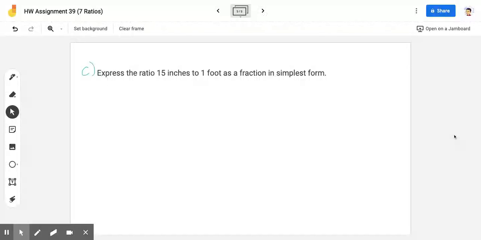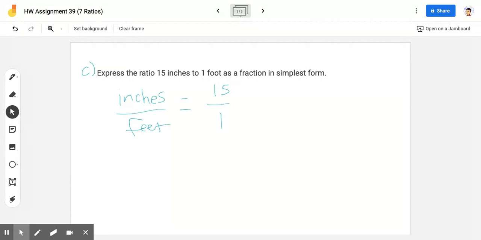Last one, express the ratio of 15 inches to 1 foot as a fraction in simplest form. So we have inches to feet. Okay, and our inches to feet is 15 over 1. So we want to see if we can get that feet written as inches.